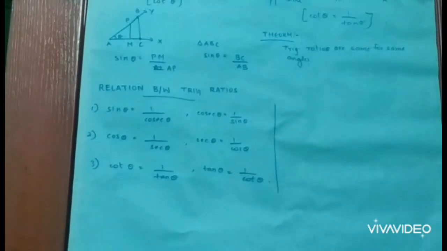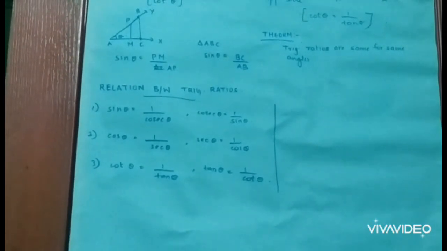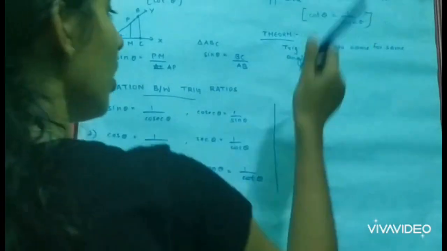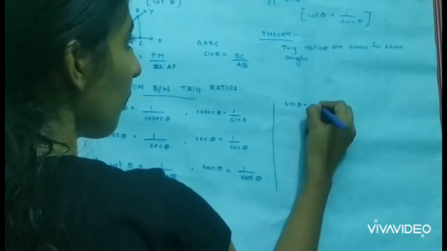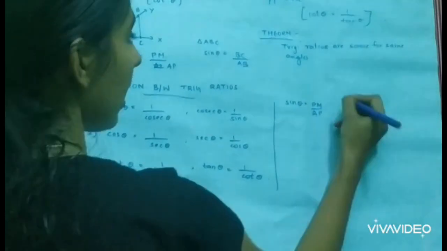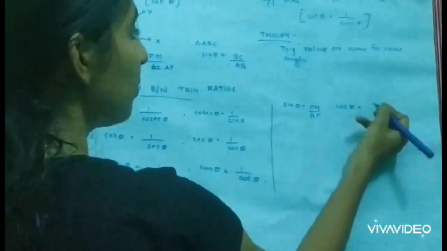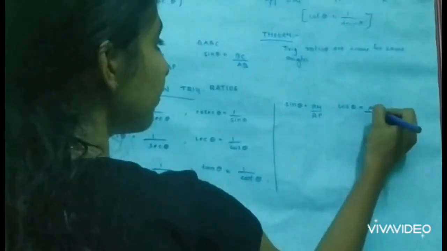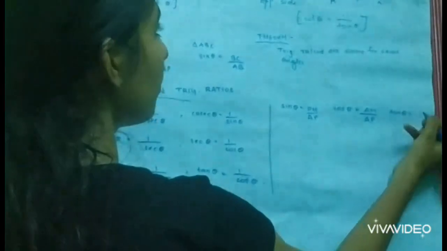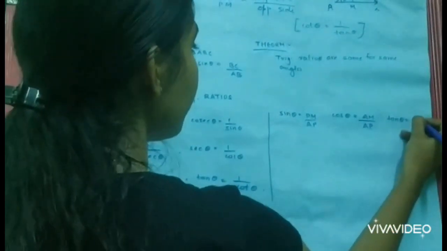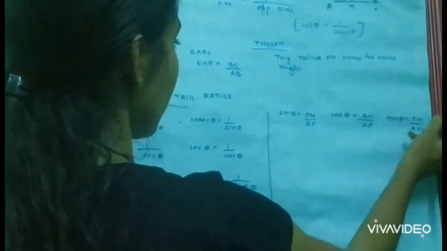There is a relation between sine, cos and tan. Now let's see what is the relation that connects sine, cos and tan. From the figure we can write sine theta is equal to PM by AP, cos theta is equal to AM by AP, and tan theta is equal to PM by AM.